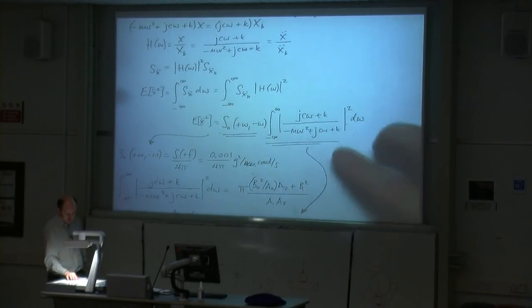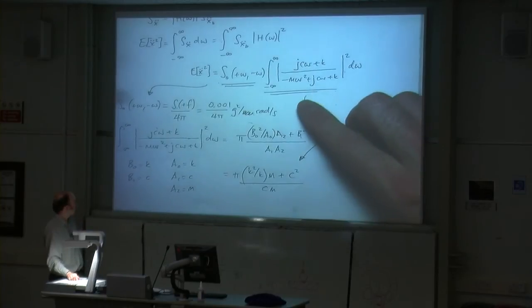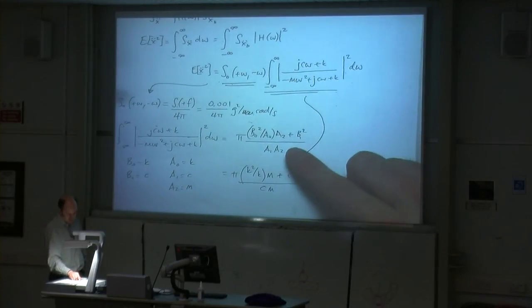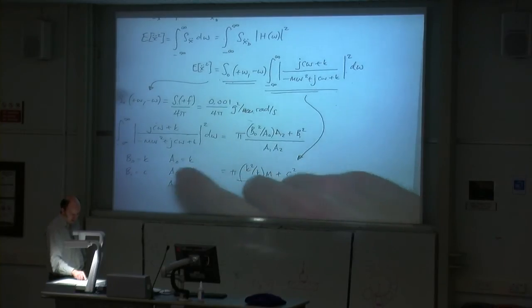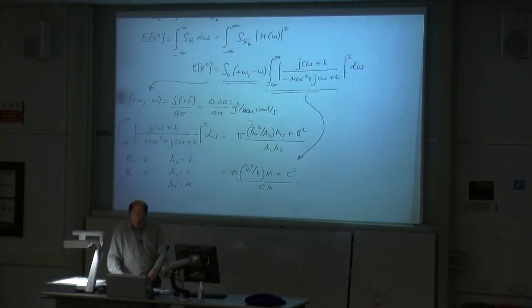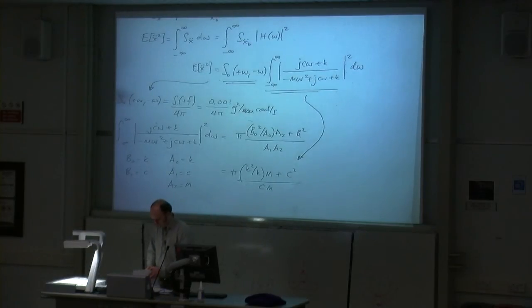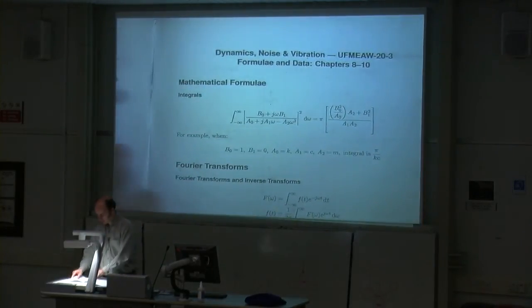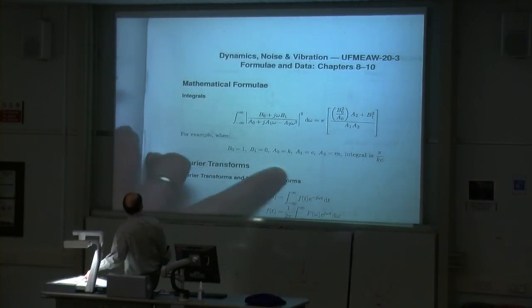The second bit, we use the integral relationship that we had, the solution to which looks like this when these terms have been defined. Like I said, that's on page 167 of your notes, and it's also on the formula sheet. Here's the formula sheet, and you can see the top equation is that relationship.